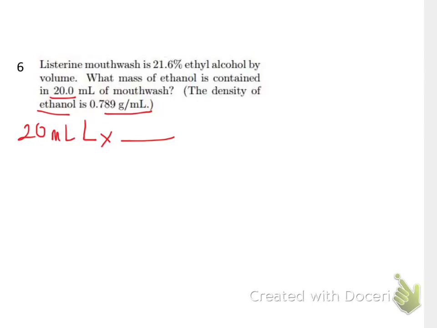So based on this percentage, what I know is that if I have 1 liter of Listerine, because this is milliliters down here, I'm going to go ahead and convert that to milliliters. I have 1,000 milliliters. 1 liter is 1,000 milliliters. And I can use my density here as a conversion factor.